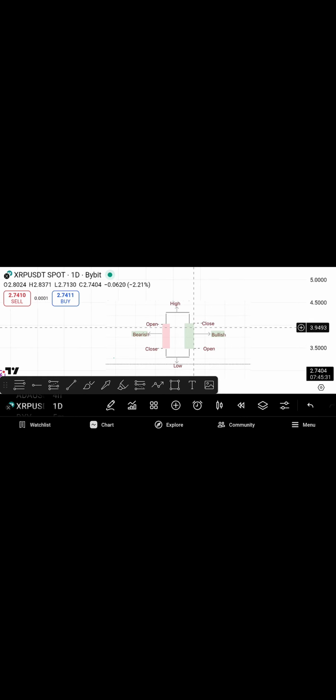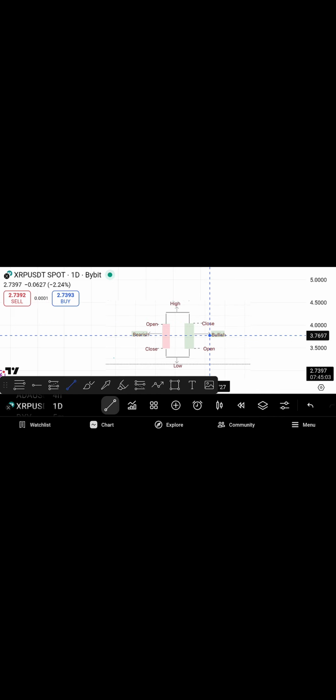So what I want you guys to know is that on this bullish candlestick, I told you candlesticks open based on the time frame that you put on your chart. If you see my chart, it is on daily. So each candlestick needs 24 hours before it opens another one on my present chart.